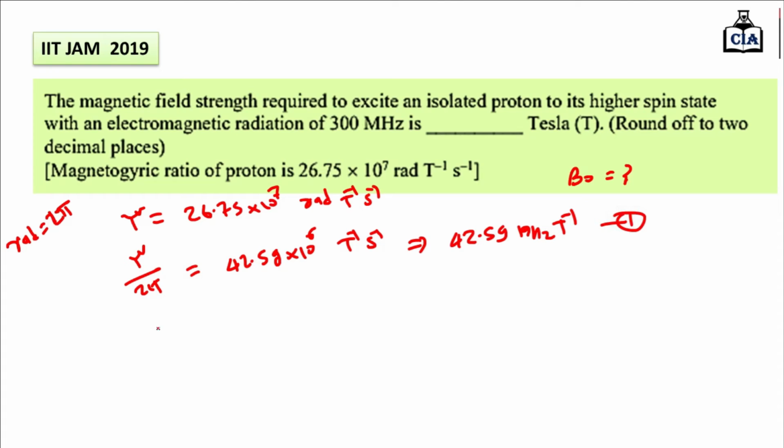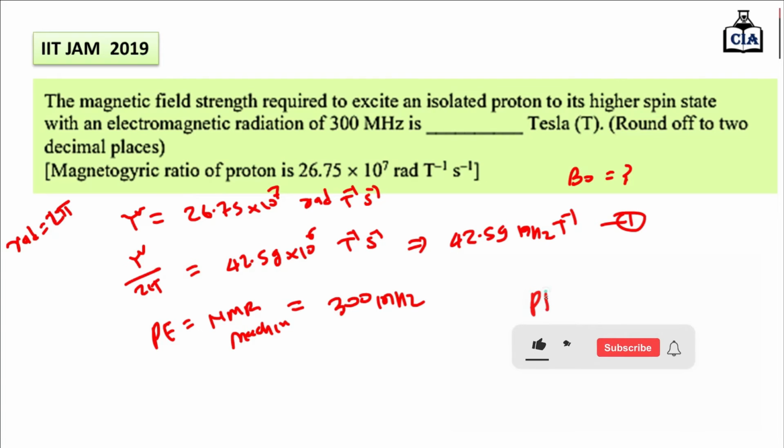Now second, they have given the precessional frequency. The precessional frequency means the frequency of the NMR machine, and the machine is 300 megahertz. We have one formula: precessional frequency equals gamma into B naught, where B naught is the magnetic field strength. So B naught equals precessional frequency divided by gyromagnetic ratio.